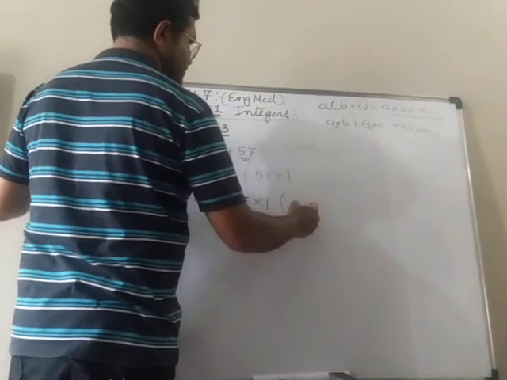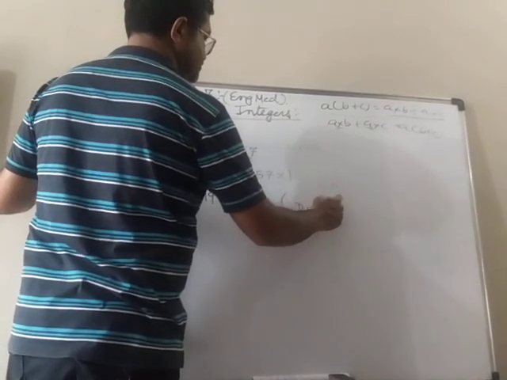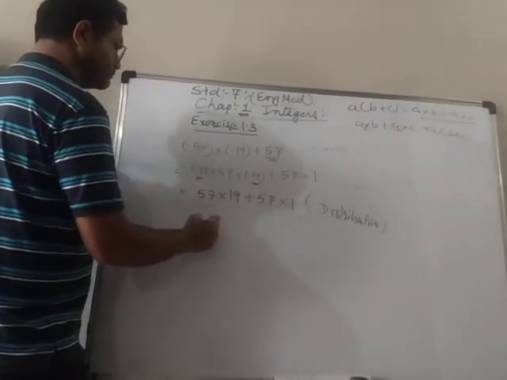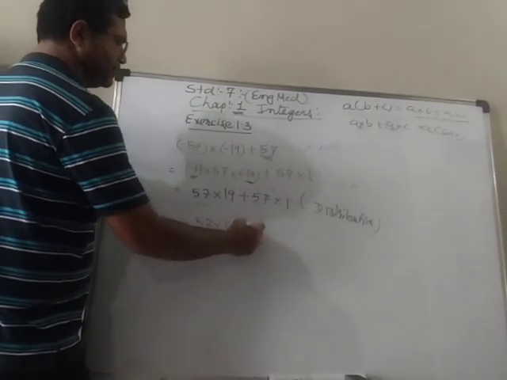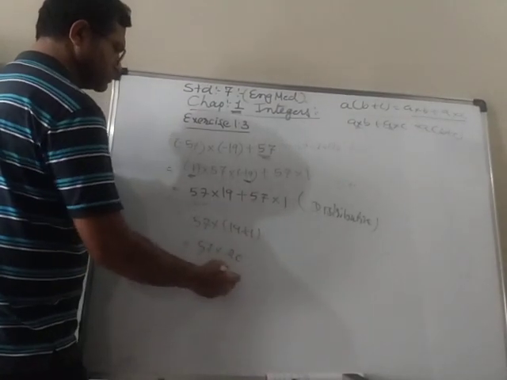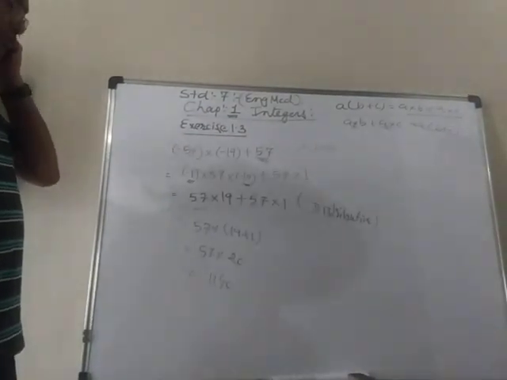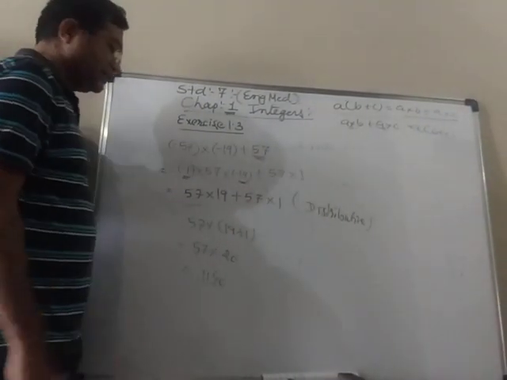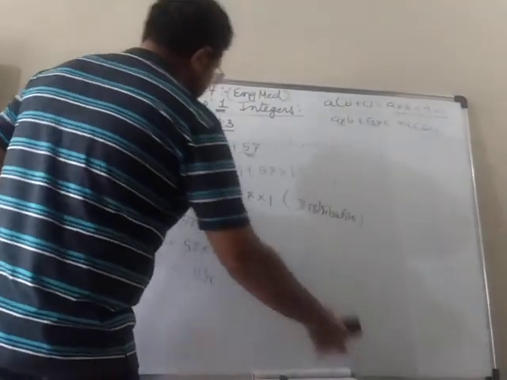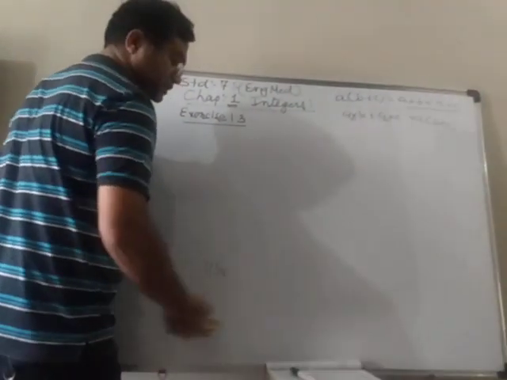So here we are using the distributive property now. How? 57 is common, multiplied by 19 plus 1. So 57 multiplied by 20. So the answer is 1140. So now, as I told you, distributivity is very important for you.